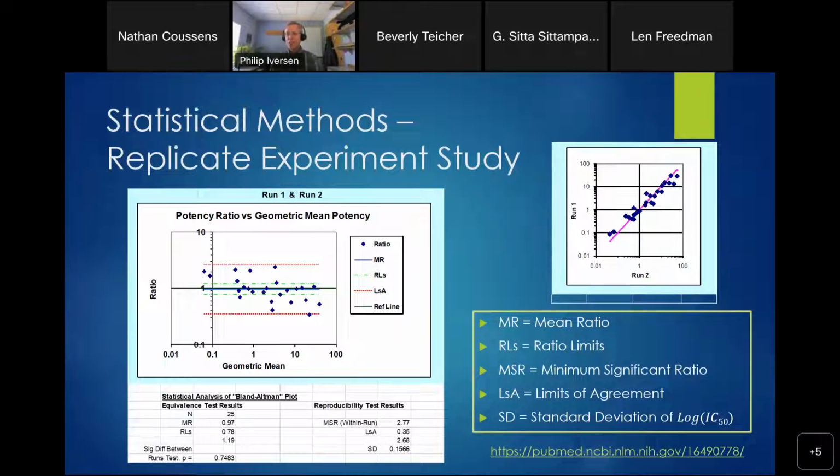And that's a number that characterizes the reproducibility of the assay in terms of the potency value, that key performance indicator, that key outcome that we care about for being able to distinguish between the activity of different compounds within an SAR, for example. So with an MSR of 2.77, if 2 different compounds differ in their potency by 3-fold, then we know that's a statistically significant difference.